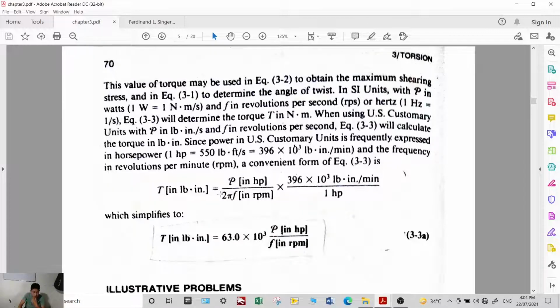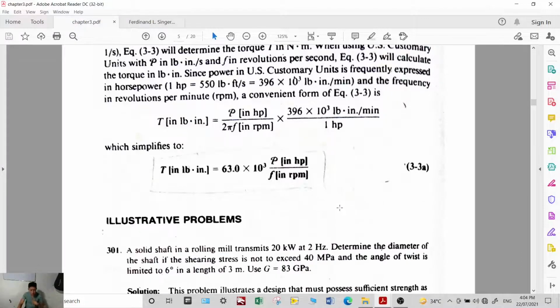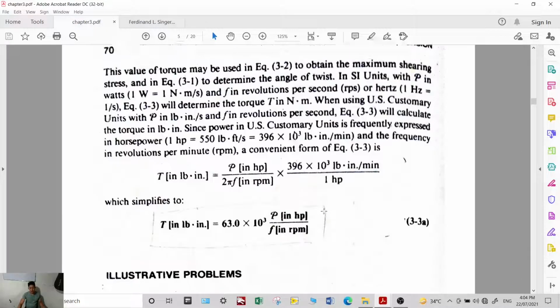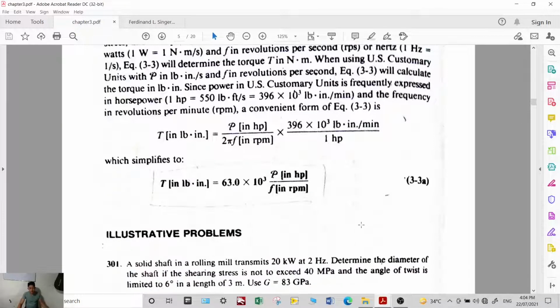Okay? So if you want to use this equation, the torque must be in pound-inch, the power in HP, and omega in RPM. Again, these are just conversion factors.